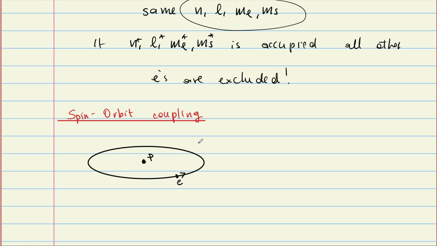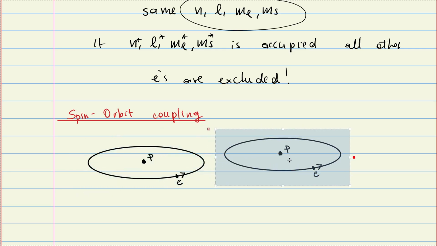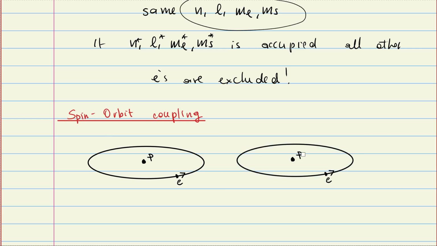From the perspective of the electron, you have the electron in the center, and the proton is rotating. If you were the electron, you wouldn't know if you were rotating around the proton or if the proton was rotating around you. That's why the Copernican revolution took so long. So this is exactly the same system.